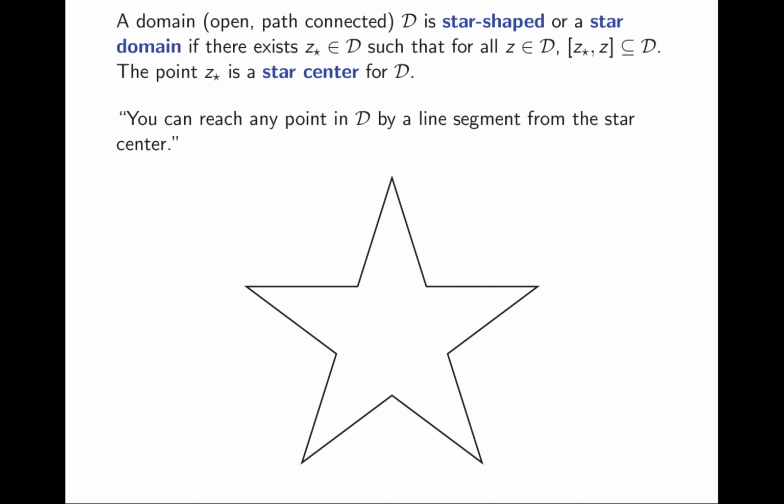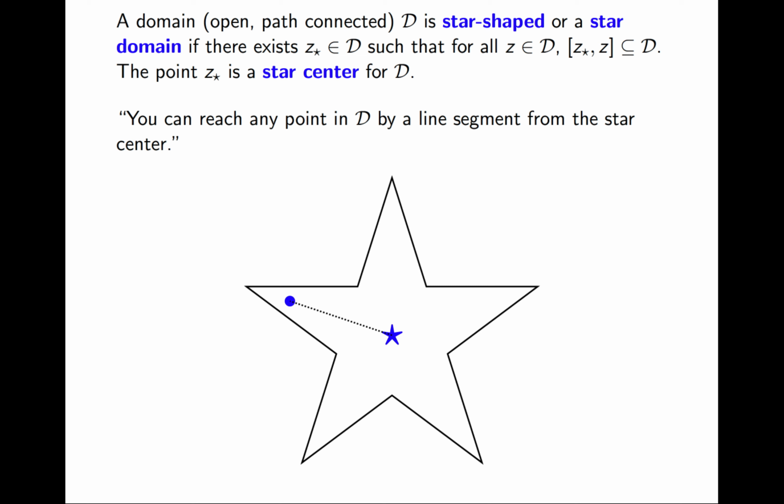So here is a picture of a star domain, and this is, I would hope, star-shaped and clearly a star. Where might we find the star center here? Look right in the center. So I'm going to mark that point smack in the center of my big star by a little star. And say I take another point over on one of the arms of the star.